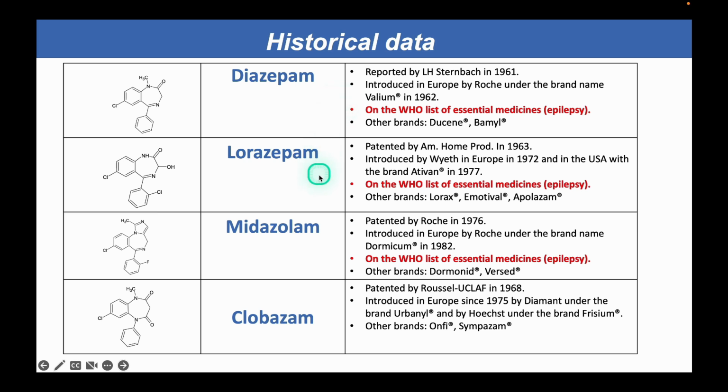Lorazepam was patented by American Home Products, introduced by Wyeth in Europe and in the United States under the brand Ativan. Midazolam was patented by Roche under the brand Dormicum, and clobazam was patented by Roussel, introduced in Europe under the brand Urbanil, and by Hoechst under the brand Frisium.